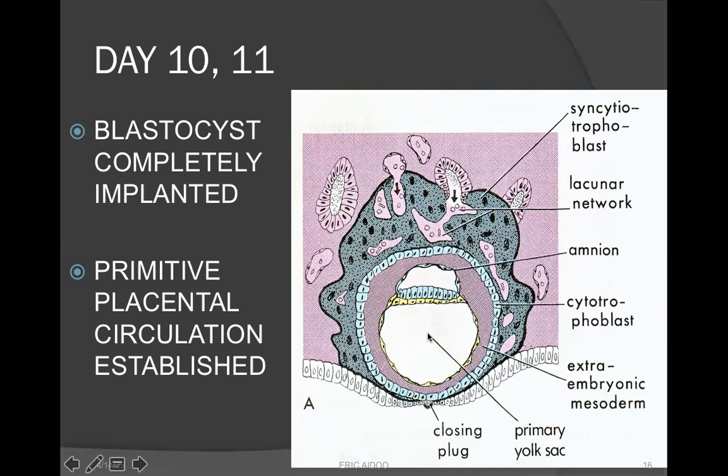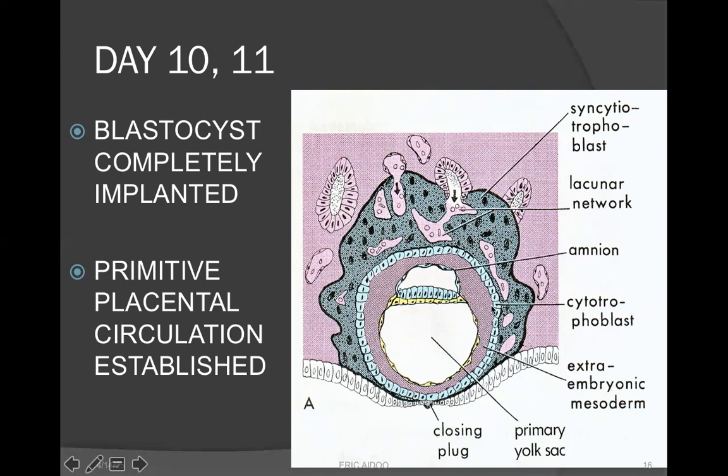And then in addition, something has filled the space between the exocoelomic membrane, the yellow one, and then the cytotrophoblast. So in between them, you now have a solid filling, okay?